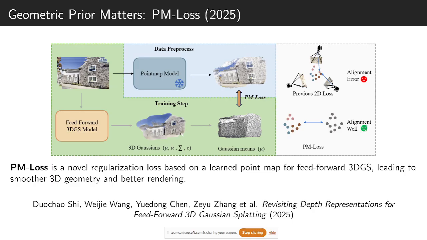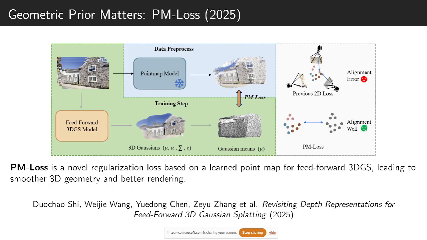So the simplest yet effective way is that you have one of these point models and you predict the points of the scene based on your input views, and you somehow design a loss between your Gaussian model, which is your main model, and the predicted points.